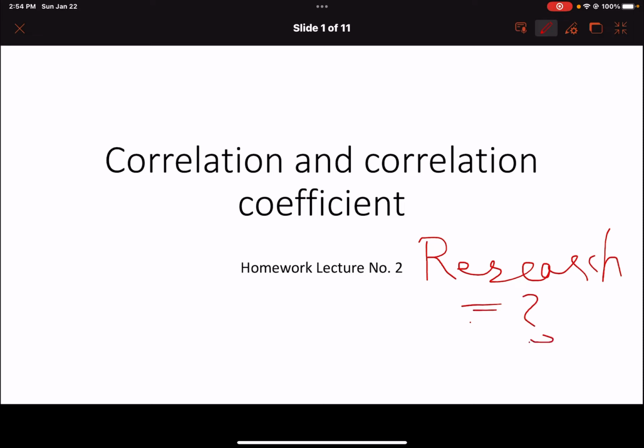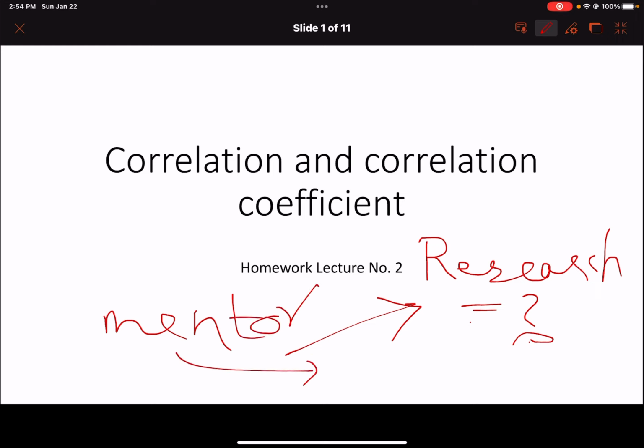So essentially research you are going to do by yourself, and the mentor that you have will only be a guide. So the research you have to do by yourself.